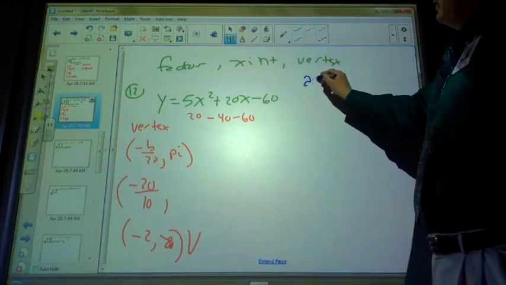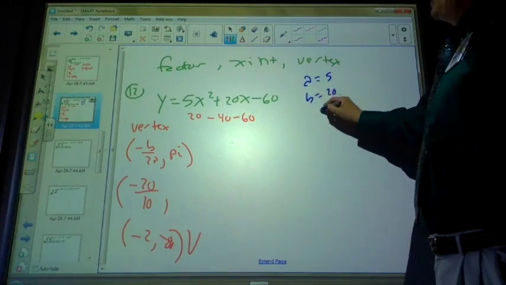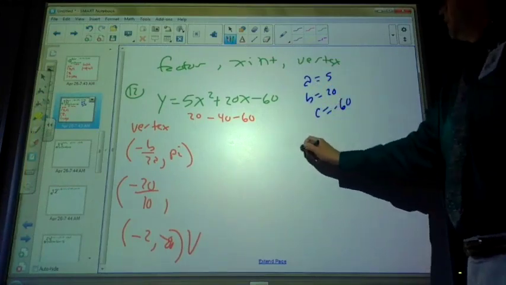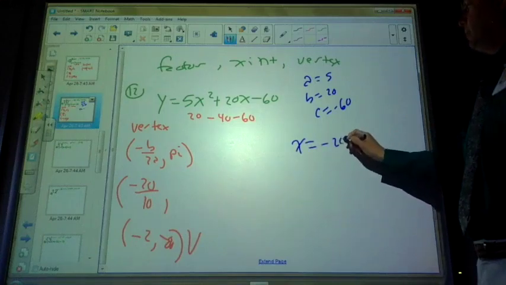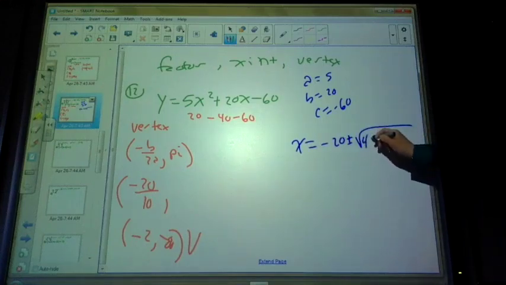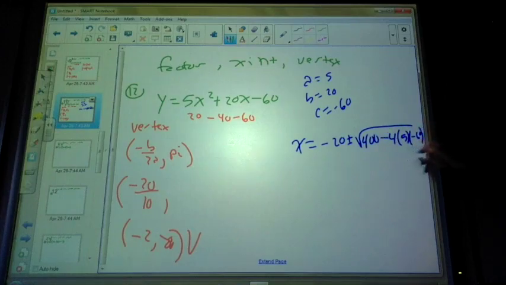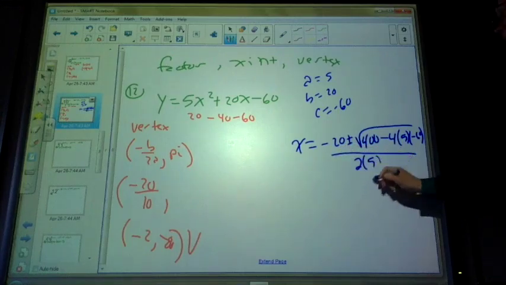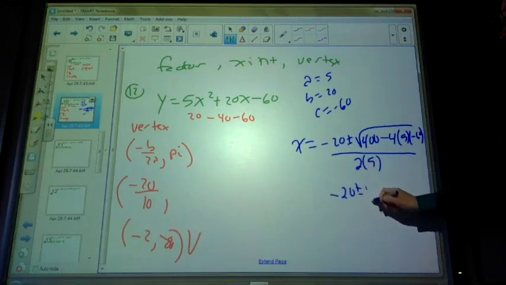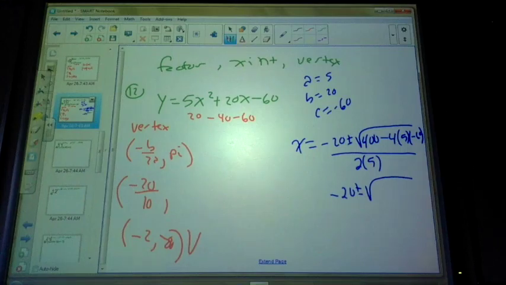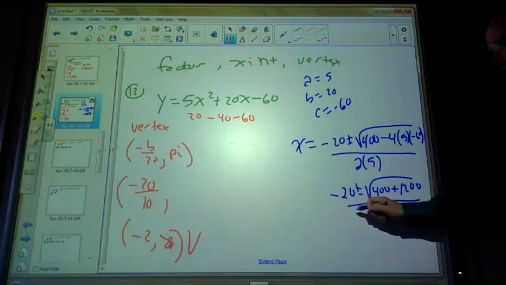So my a value is going to be 5, b value is 20, c value is negative 60. X equals negative b plus or minus the square root of b squared, that's 400, minus 4ac, all over 2a. 4 times 5 is 20, so it's going to be positive. 20 times 60 is 1,200. Over 10.